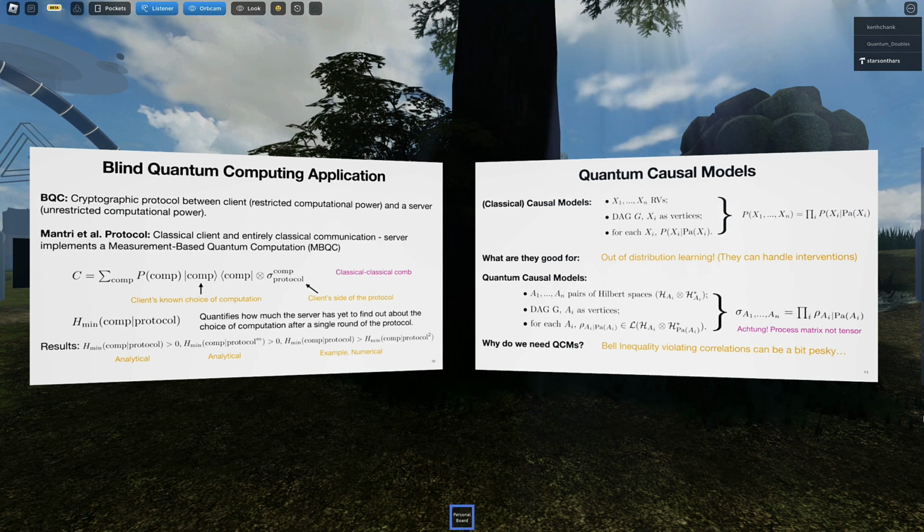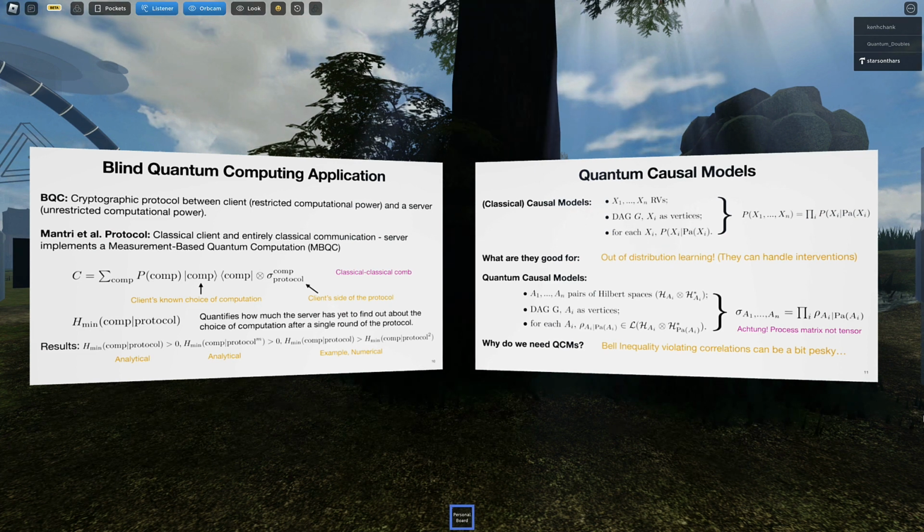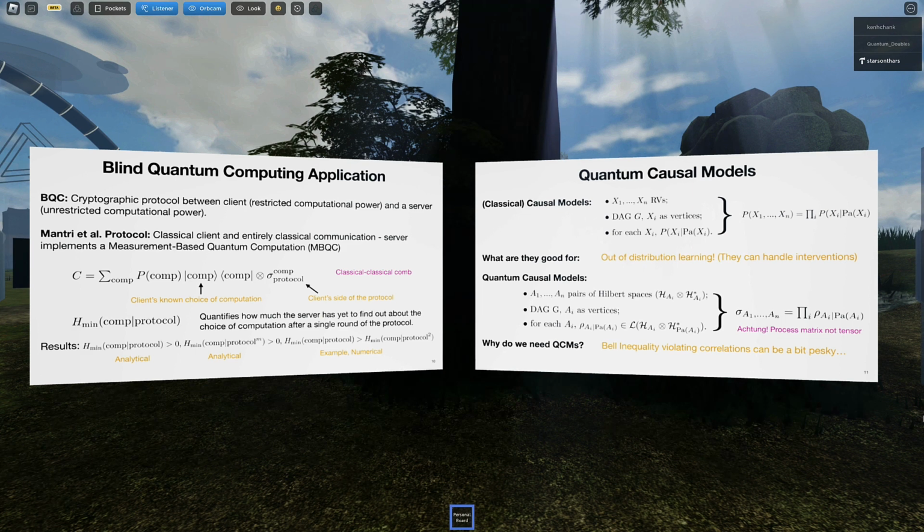Okay, so the link to the work that we've done is that now the variable x that we want to learn about, the unknown property of the system, is the causal structure, and the quantum comb is some fairly artificial, in our case, quantum causal model. By interacting with the quantum causal model, we aim to learn about the causal structure. The min entropy then quantifies how much uncertainty we have about what the causal structure is.